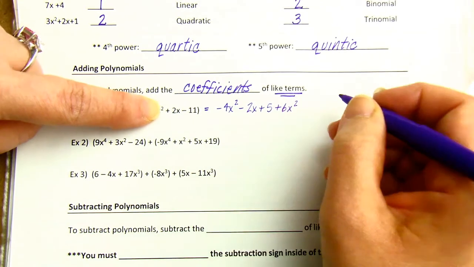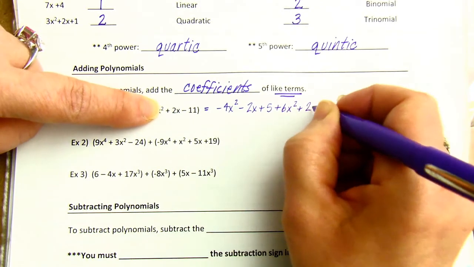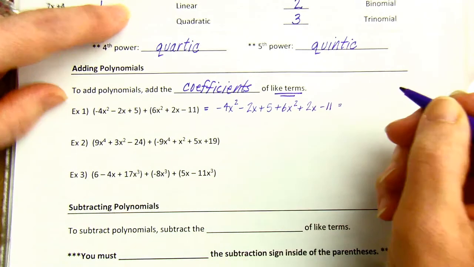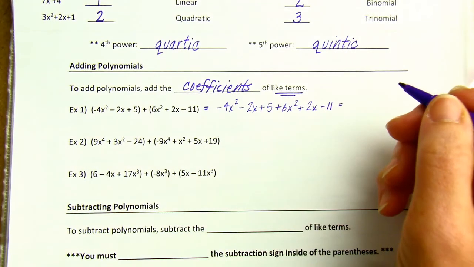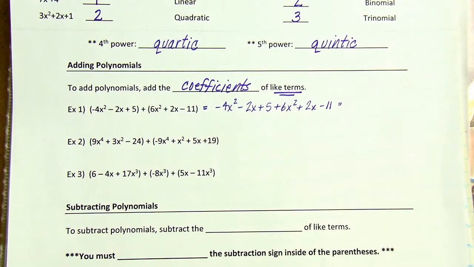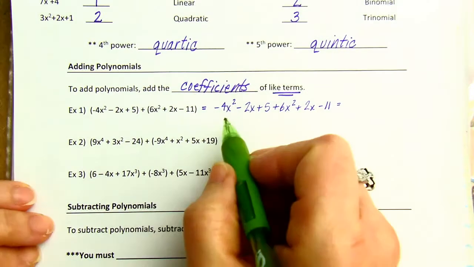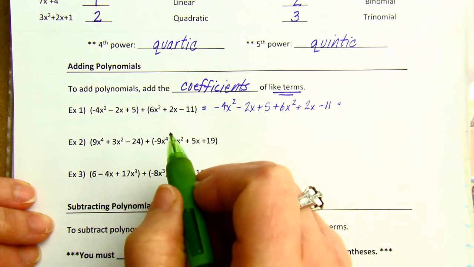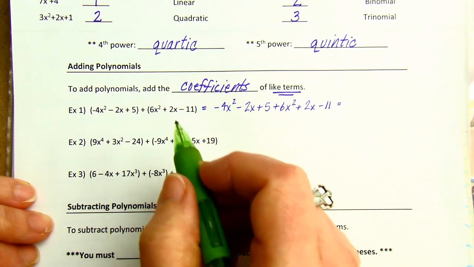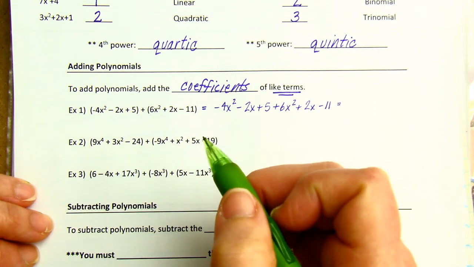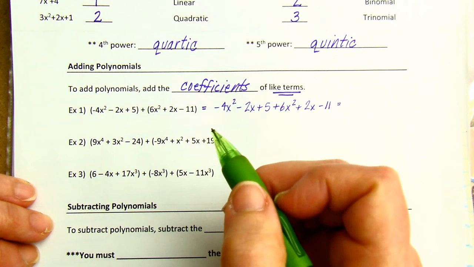And what I'm doing here is removing grouping symbols. Plus 2x, subtract 11. Now, it's not as important to remove the grouping symbols when there's addition, but when subtraction occurs, there's where we sometimes run into a problem. Because sometimes students don't change the signs of everything in the group.